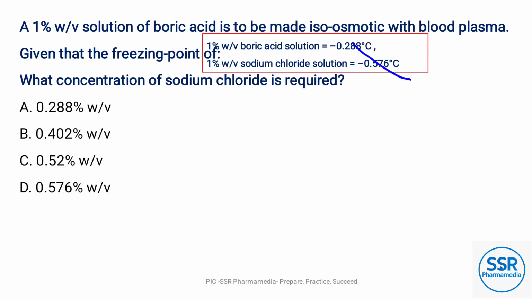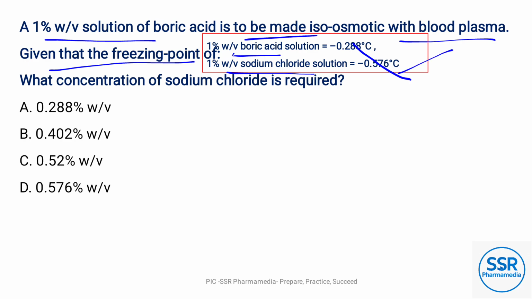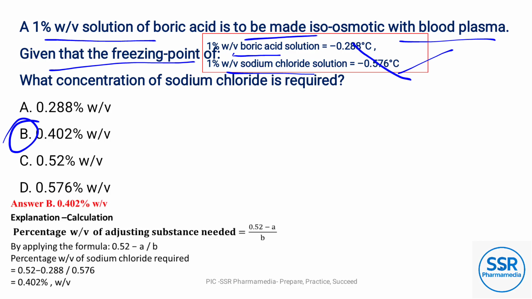Next, when a 1% solution of boric acid is to be made isotonic with blood plasma, given that the freezing point depression of 1% boric acid is 0.288 and of 1% sodium chloride is minus 0.576 degrees Celsius, we have already seen the calculation. So the answer is option B, 0.402% weight in volume.